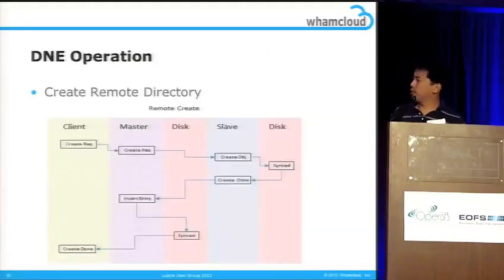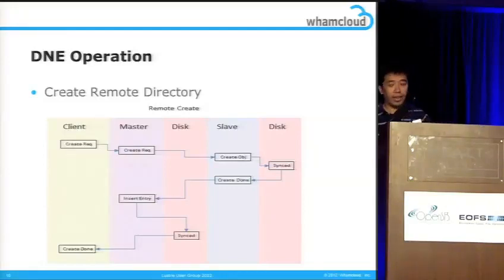This picture is about create remote directory. The client sends the request with the FID to the master MDT. Then the master MDT sends the create object request to the slave MDT. The slave MDT creates the object synchronously and returns to the master. The master inserts the name entry synchronously, then returns to the client.